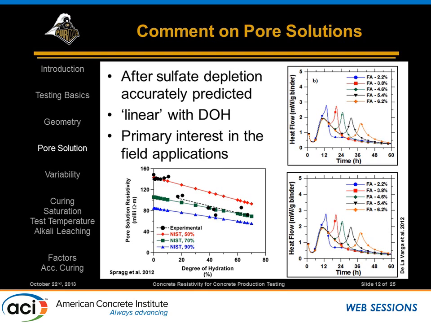I apologize, this should show the heat curve and should show you that the conductivity or resistivity changes right after the sulfate depletion peak, and anybody who wants to see the actual evidence of that, I'll send you the full set of data.